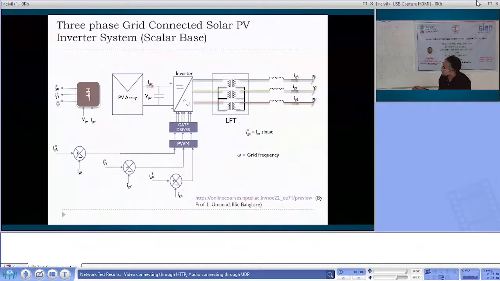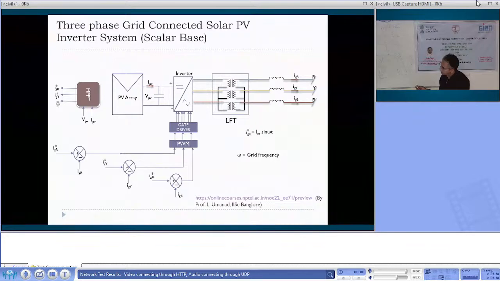Maybe some more inputs are required, maybe temperature, radiation, humidity, depending on the method of MPPT. It will generate some output which is used to generate the gate pulses to the inverter.